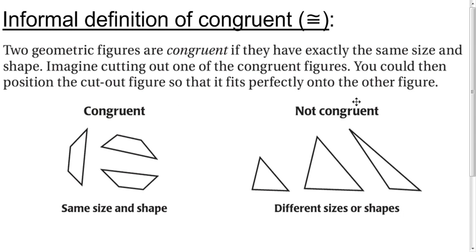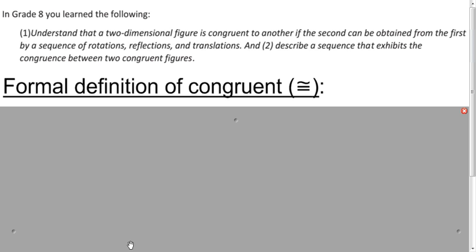So while this is a good definition for wrapping your head around congruent, it's not really what we're going to use right now. So in middle school, you learned that two figures are congruent if you can get one from the other by using rotations, reflections, and translations. So we're going to use that exact notion to make our own definition.